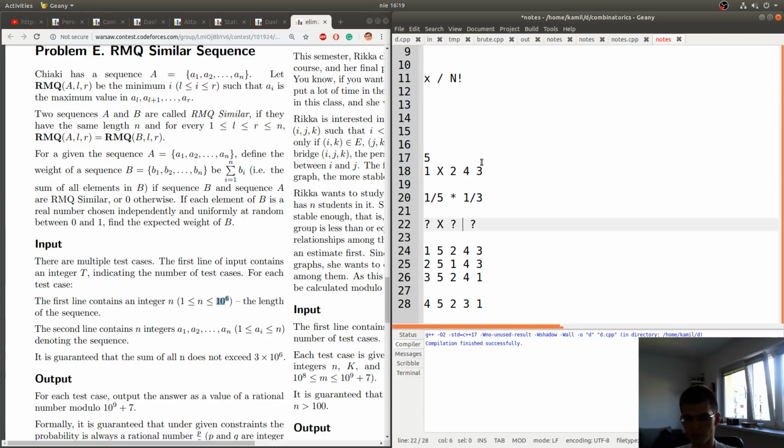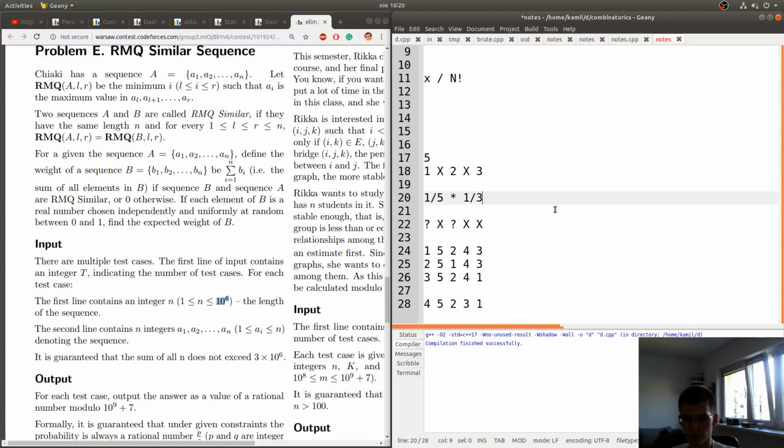Then we fix this value, and then we move to the other question mark. The next biggest value is here, it's 3, but it isn't compared anymore with anything. So we just multiply the answer by the probability that this number is the biggest one in this interval of size 1.